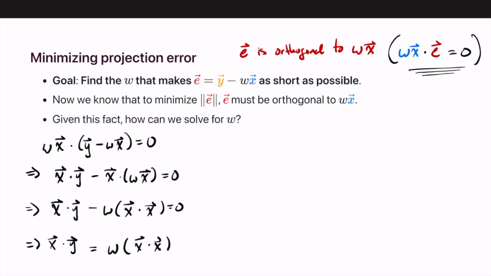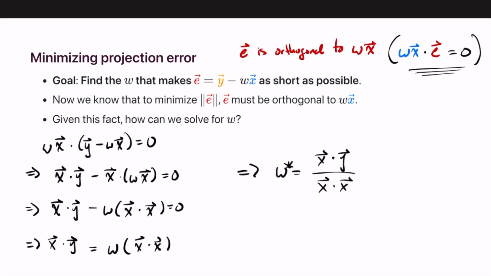And then with some simple division, this will give us what we want for W. So W is equal to x dot y over x dot x. And because this is the best W, since we knew that this was orthogonal to begin with, and that's why we entered that in there, we can call this W star.